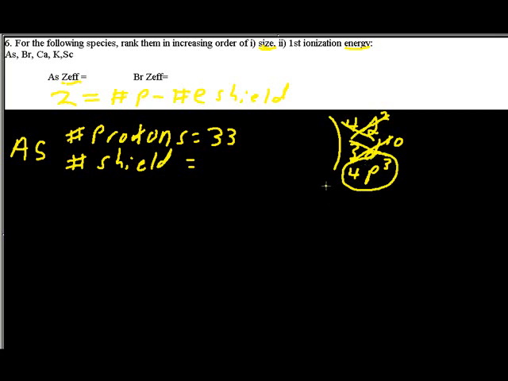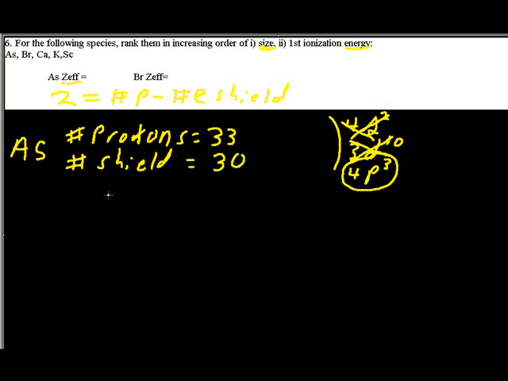So what we say here is there's a total of 33 protons. Therefore, there's 33 electrons total. 3 of them are in the p. All the rest are below and create shielding. So the number of shielding electrons is 30.